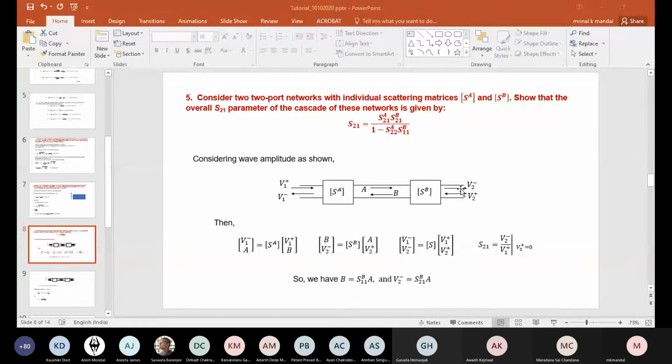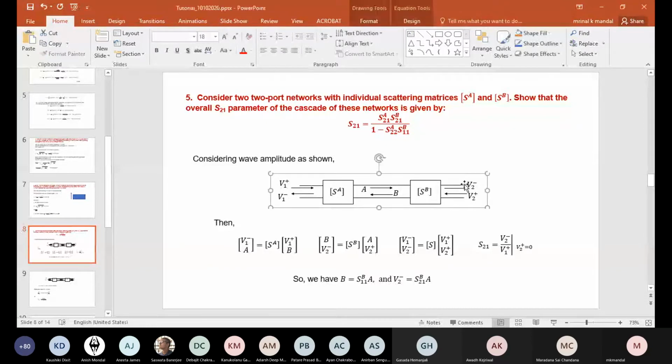If I put match termination here, then we don't have any V2 plus, right? This part is 0, and when we define S parameters, you recall, we do not use short circuit or open circuit. We use match termination.